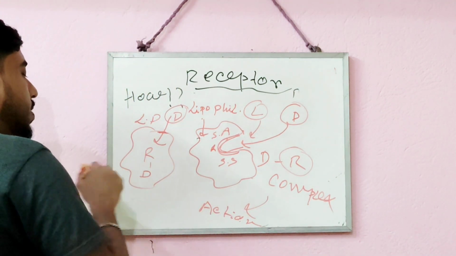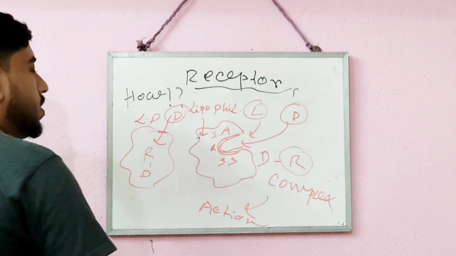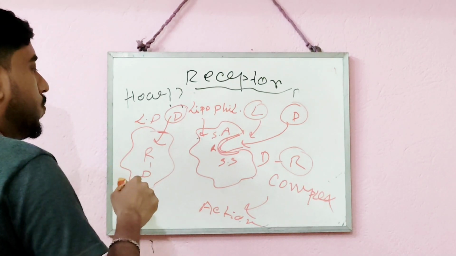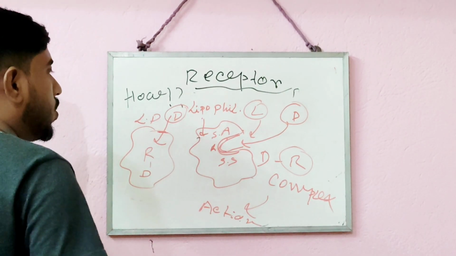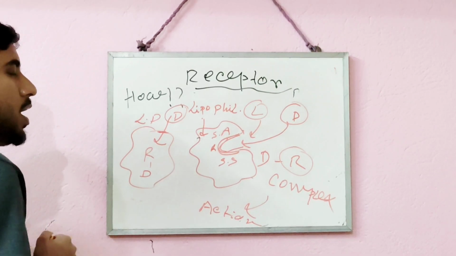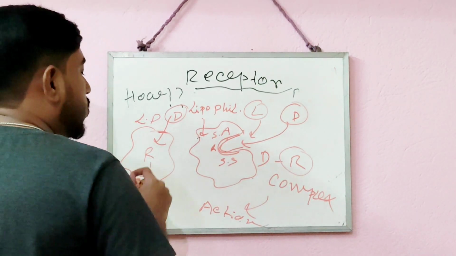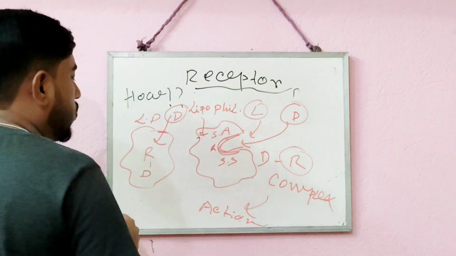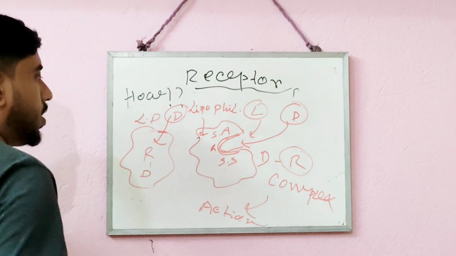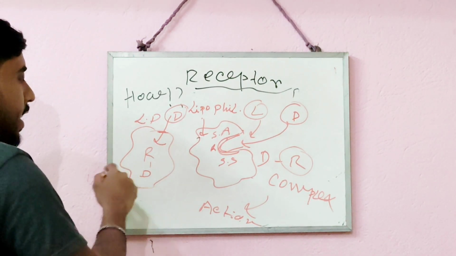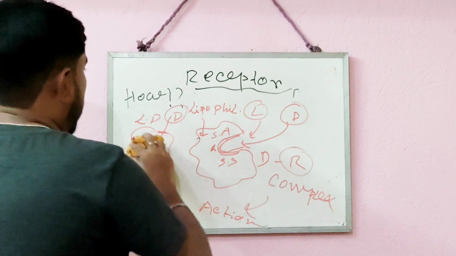But if the receptor is present inside the cell, then the drug has to pass the cell membrane, which is made of lipid. So to cross the lipid, the drug should be lipophilic in nature. So only a lipophilic drug can pass inside the cell and bind with the interior receptor and form a receptor-drug complex.